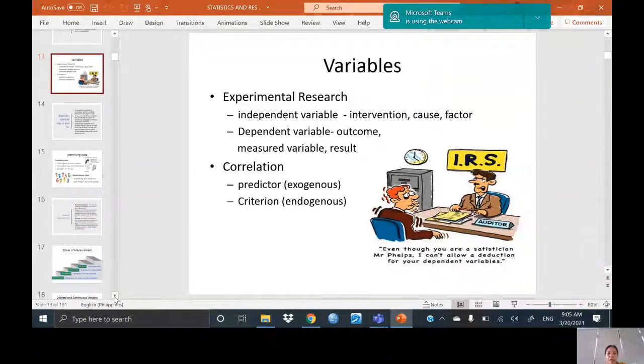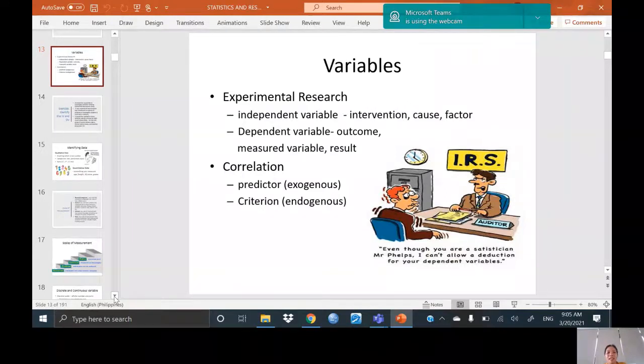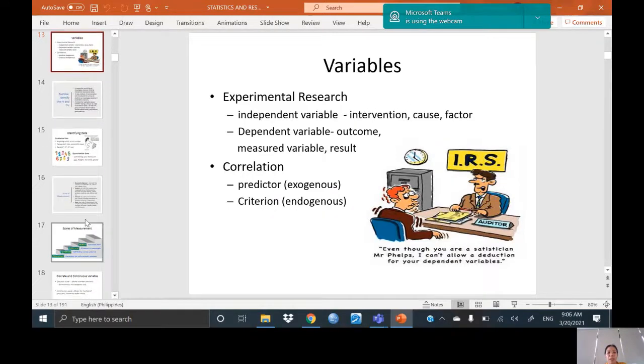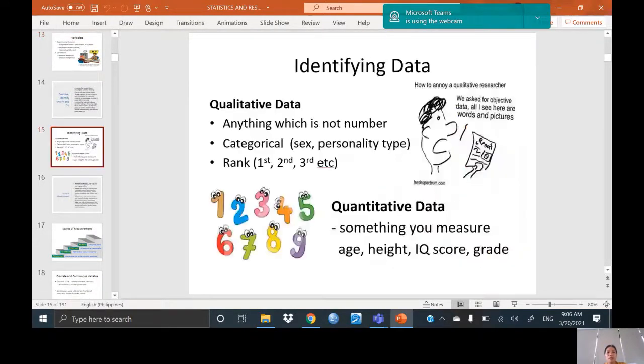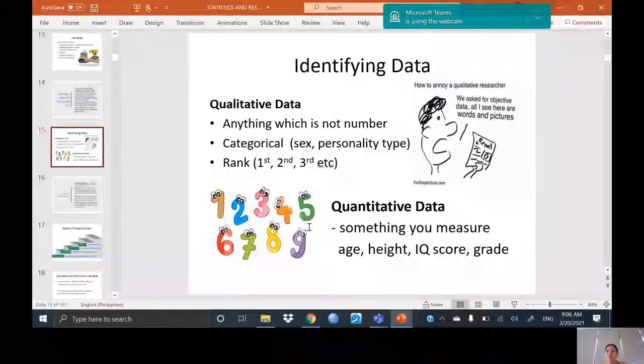Aside from identifying your independent and dependent variable, it is also very important that you know what type of data you have, whether you have qualitative data or quantitative data. Anything which is not a number is called qualitative data, or it is categorical, like sex, personality type, rank.